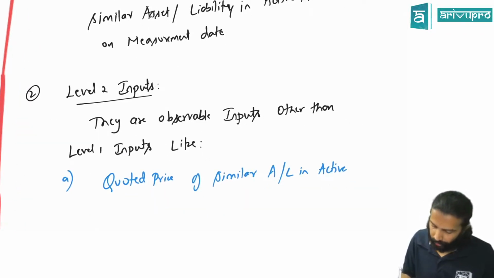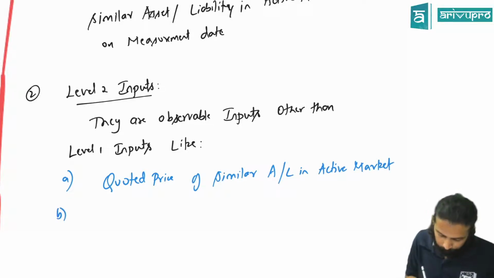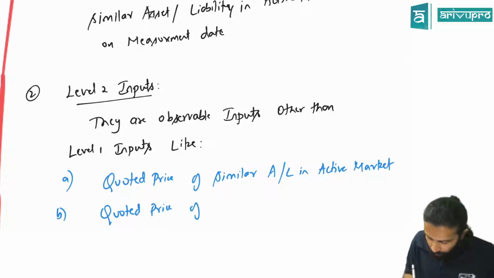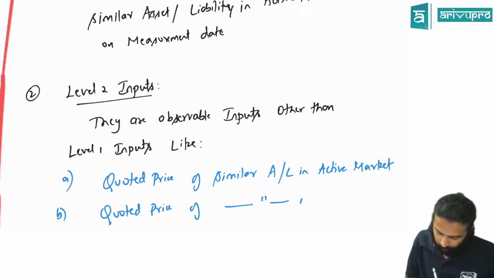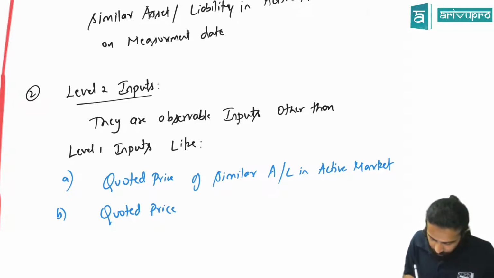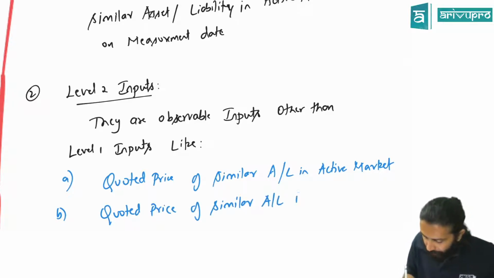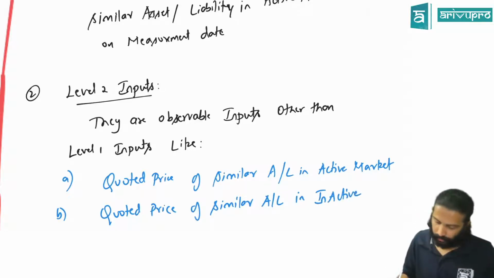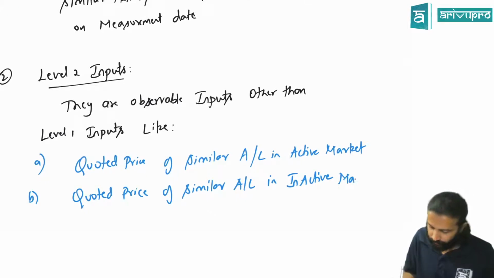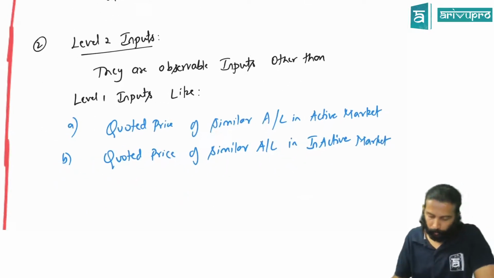Point B, quoted price of similar asset or liability in inactive market. That is your Level 2 inputs.